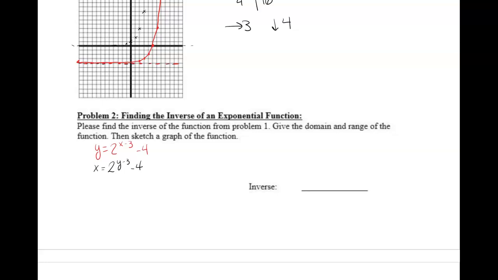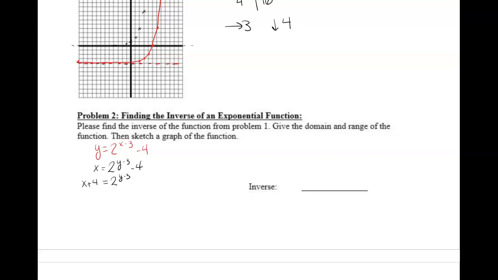So resolving for y, I have that x plus 4 is equal to 2 to the y minus 3. From here, I want to get my variable out of my exponent, in this case, my y exponent. So now this is where logs come into play.